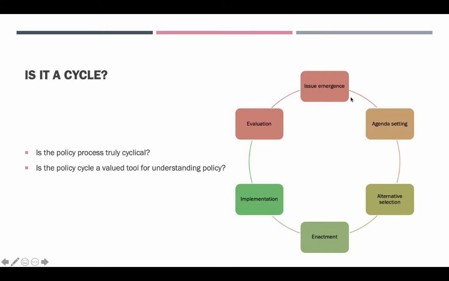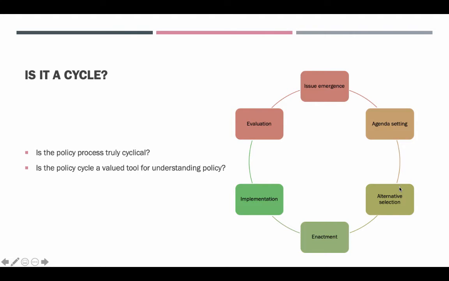Agenda setting may move back and forth with issue emergence quite a bit. There might be some trade-offs being made. Alternative selection, it's not like once you get there, you can't go back to issue emergence if new things arise that make this alternative selection more complicated.